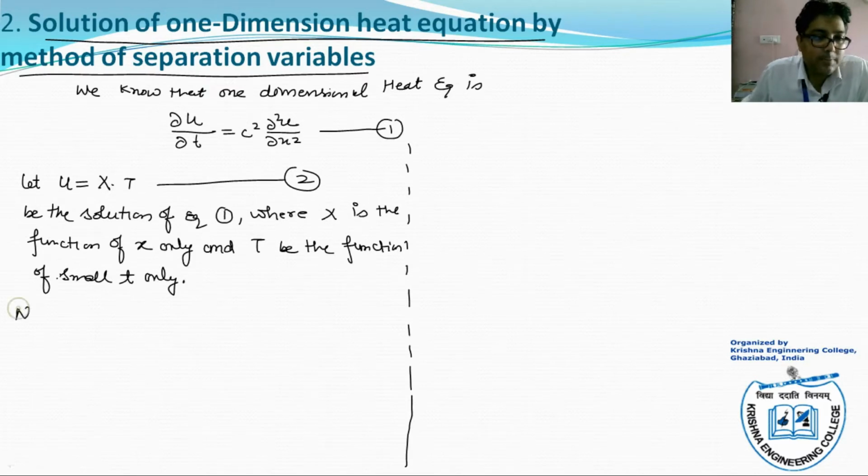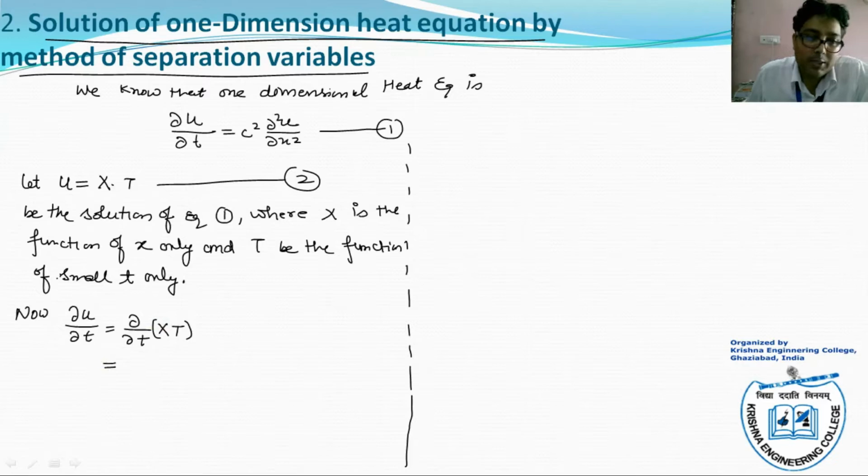Now equation second, the solution of first, so equation second satisfies the equation first. Now find del u over del t, that means differentiate partially with respect to t. The value of u is XT. Here we find the partial derivative with respect to t only, so X is constant for this, so take capital X outside this, so we get del capital T over del t.